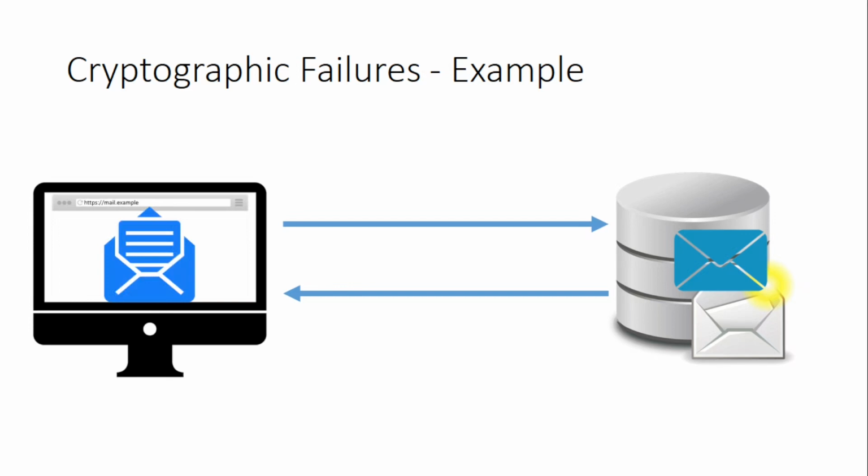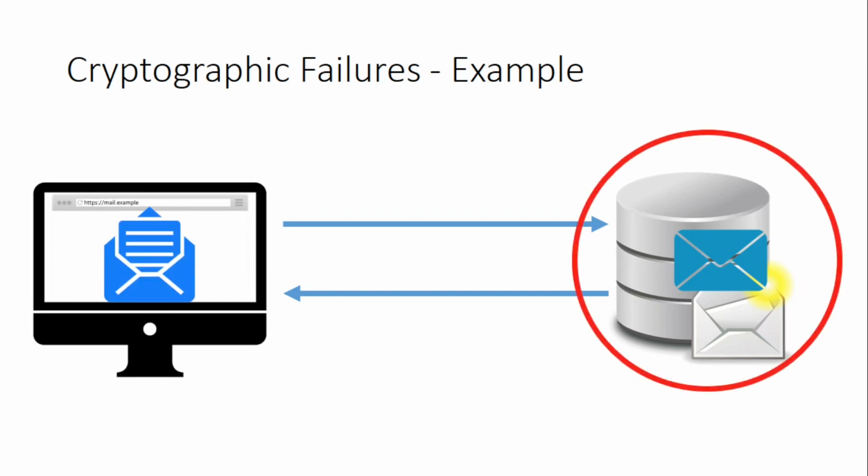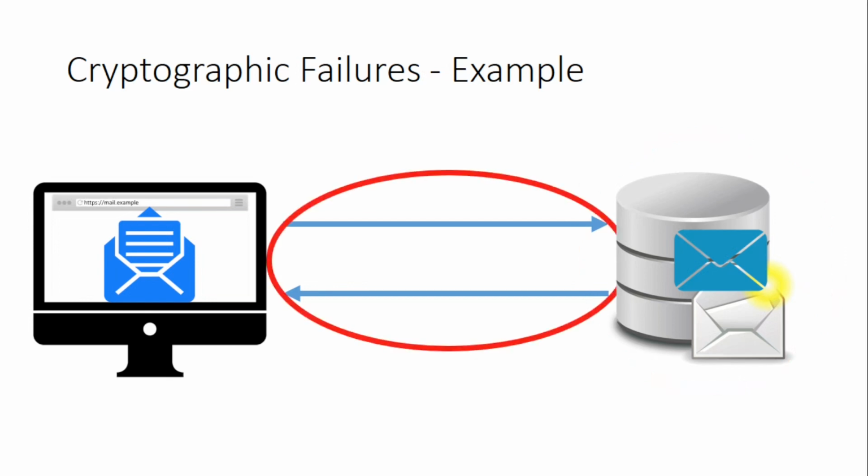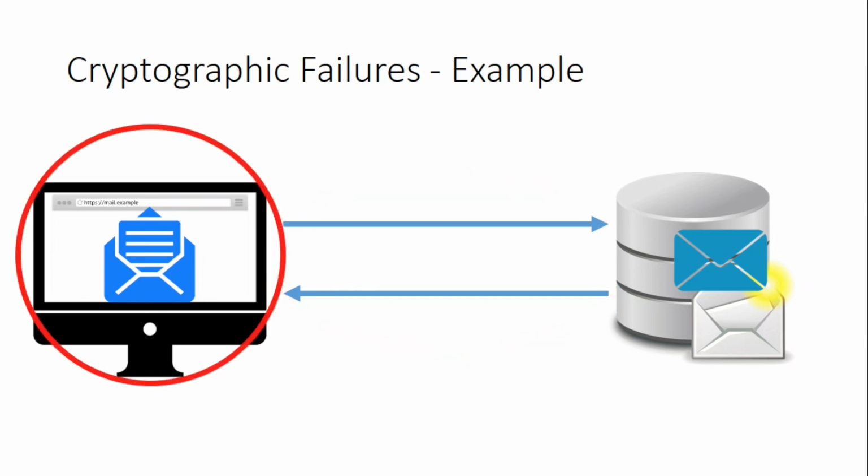So in this case, the emails that are in the server mail are what we call data at rest, while the email that is in transit is what we call data in transit. And then once it reaches your browser and you're using it, it's what we call data in use.